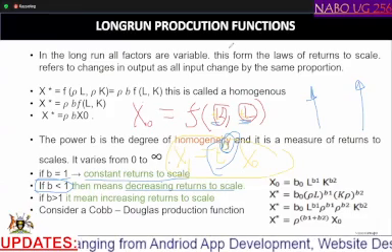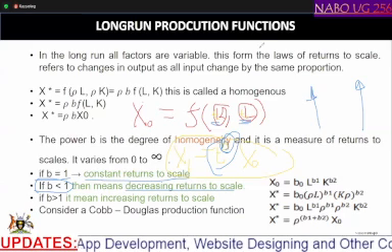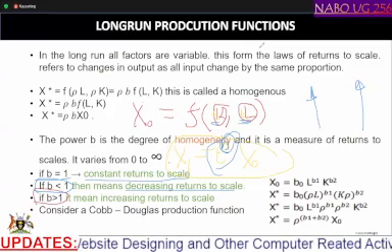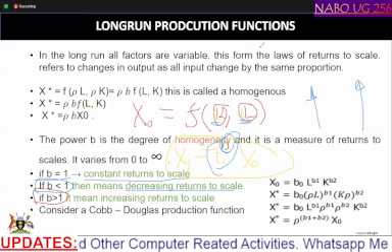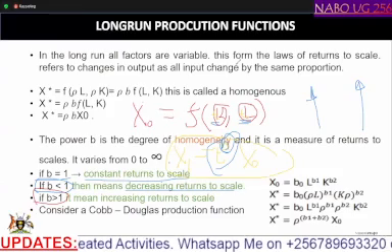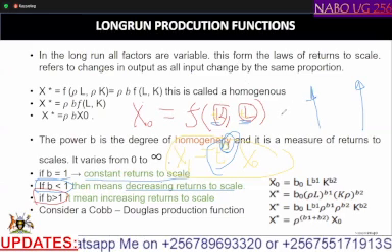And if this B, the power, is greater than 1, then output increases more proportionately than the increase in factor inputs, and the firm experiences what we call increasing returns to scale.